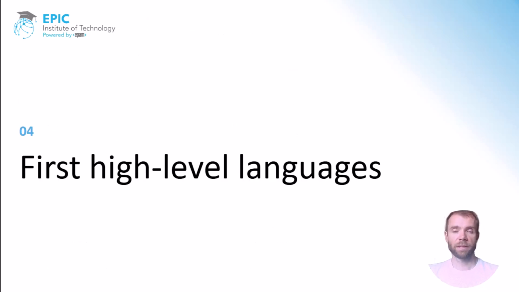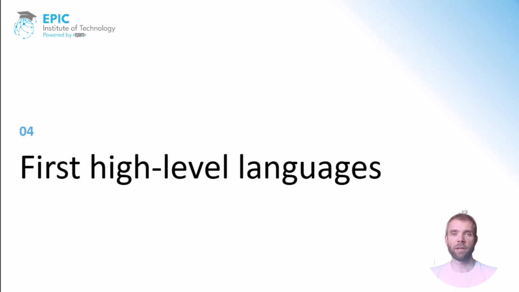So let's now talk about the first high-level languages which appeared at the time. Well, actually, the first languages were not high level. When we speak about high level and low level programming languages, there is a way to distinguish between them based on how close the system of commands of the language is to the actual hardware language that is used in the machine.